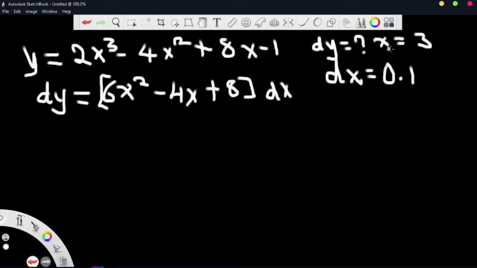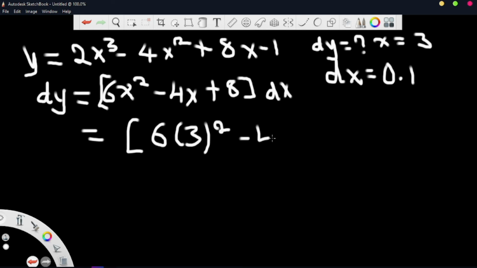But first we're going to replace our x with 3, so 6 will be multiplied by 3 squared, minus 4 times 3, plus 8.